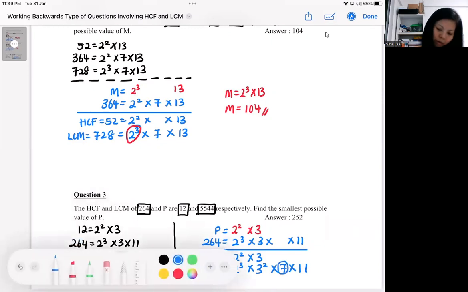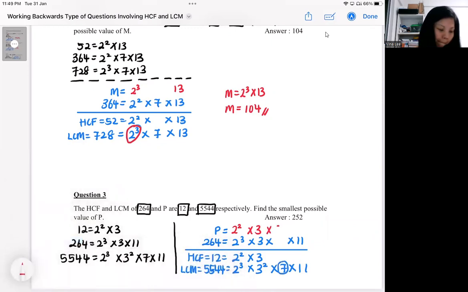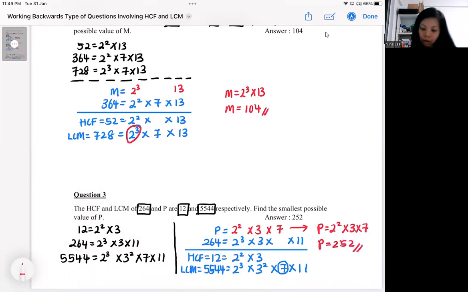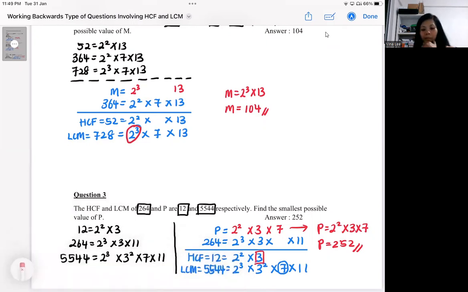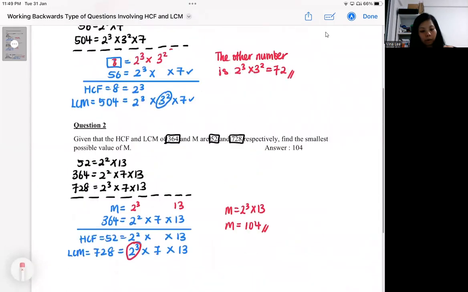The 7 has to come from P. So this will be the possible value for P, the smallest possible. Of course, it can be bigger. If I have a 2 here, you will still take a common factor 3, but we choose a smaller one. Okay, so that's how you approach this kind of question.